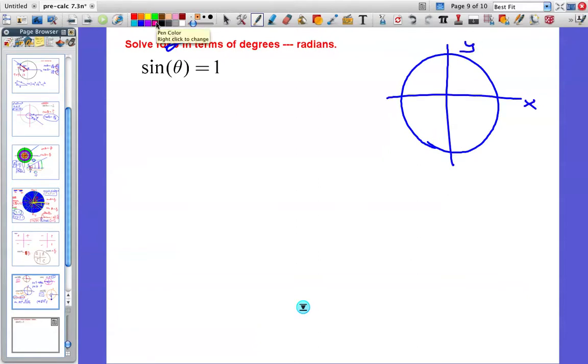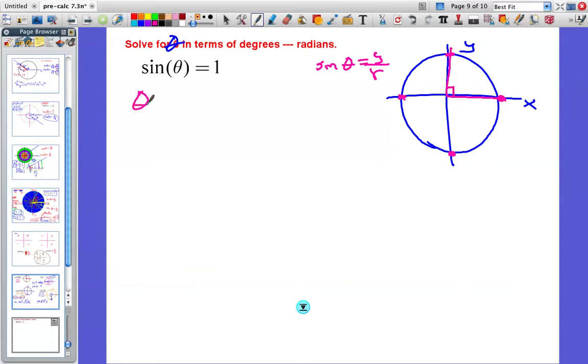So the sine of theta is 1. Remember that the sine of theta is y over r. I'm making a unit circle, so the radius is 1. So what angle am I talking about if the y value is 1? 90 degrees. We're talking about this angle right here having a sine of 1.